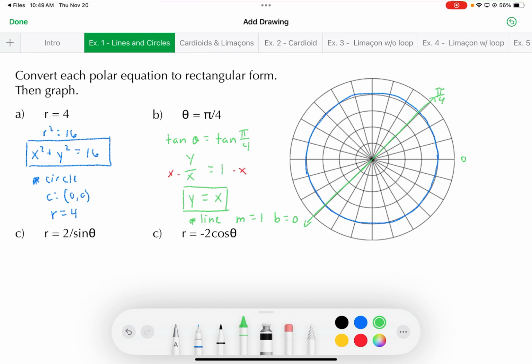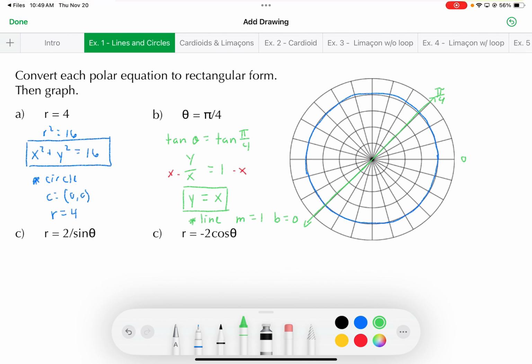Now, a misconception some students will give, a lot of times I'll see them only draw from the pole up, like we're only working in the first quadrant, okay? Because if you look at a labeled polar grid, this side of the line would be labeled with 5 pi over 4, right? Not pi over 4.